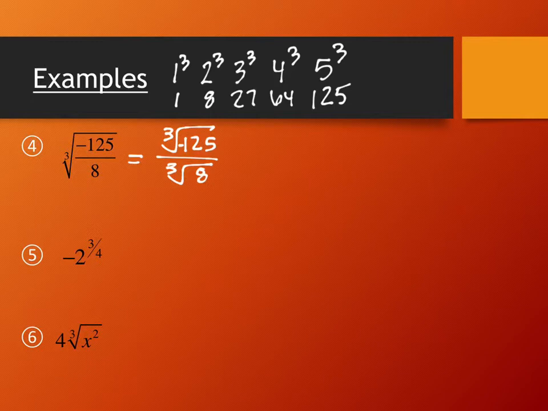I'll stop right there because I've encountered both numbers that are part of this problem. They're not very big radicals. If I had numbers like 12,500, I'd need to factor some things out to make that work. But 125 and 8 are fairly small numbers for cubing and cube rooting. So the cube root of 125 is actually 5.